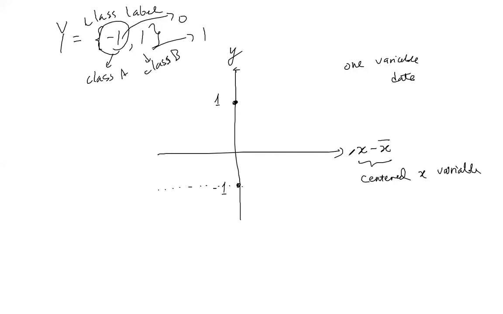Basically, you just center by subtraction of the sample mean. So if you have a situation like this, for example, the red ones are distributed like this, and your blue ones, suppose they are distributed like this, okay?